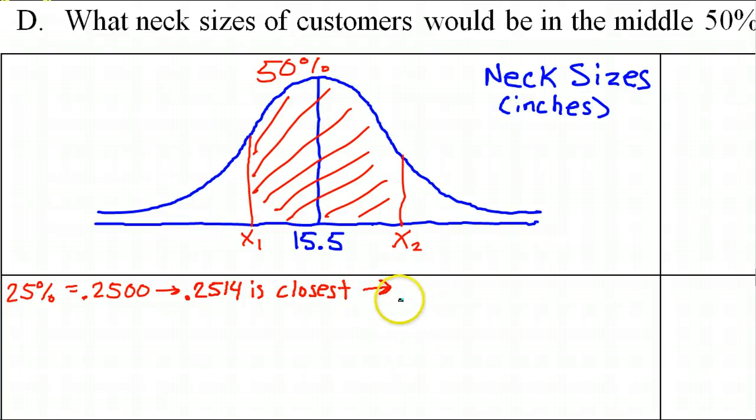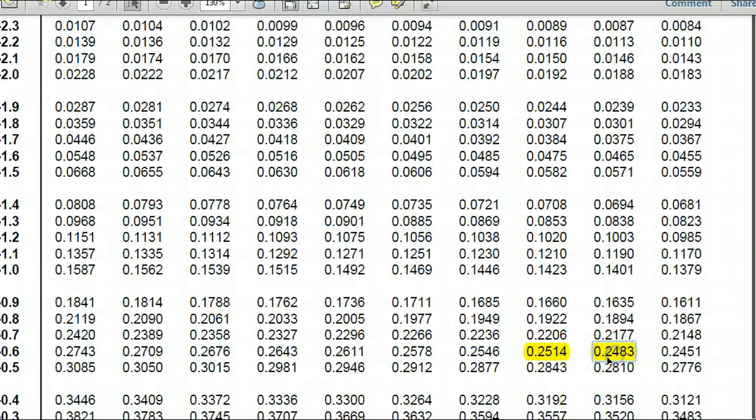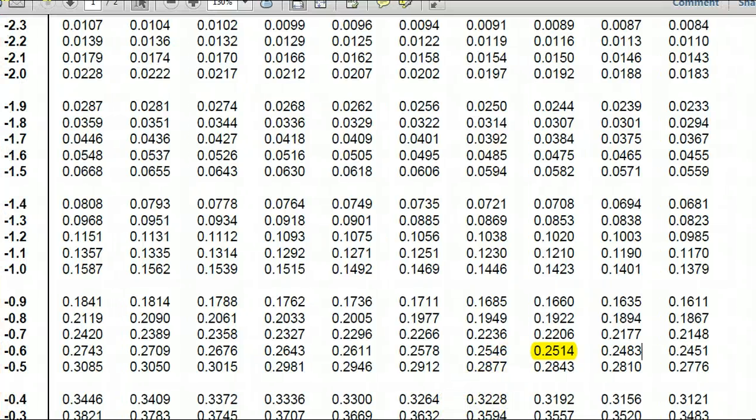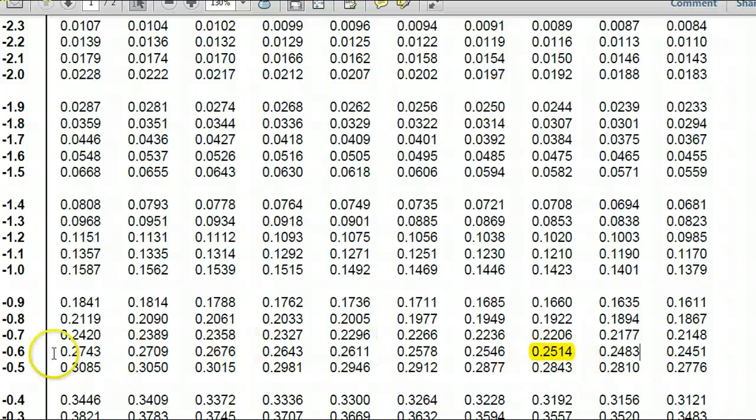That's going to tell us what Z1 is. So I can forget about this one. Looking at the 0.2514, that comes from negative 0.6.